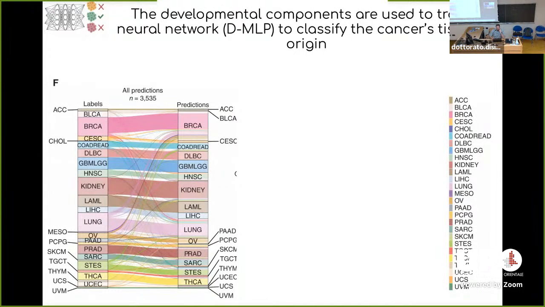So this is another way of representing the results of the classification. So we see the full list of the 3,500 samples that have been kept in the test set. And those very thin lines, they can be very thick if there is concordance, represent how a specific sample with a label has been predicted or not.